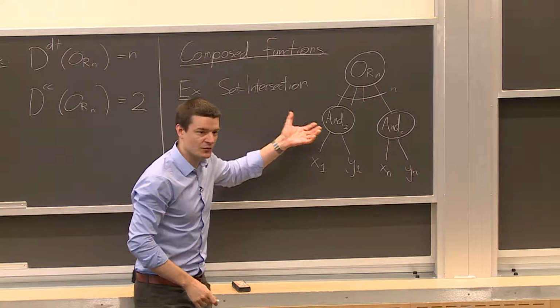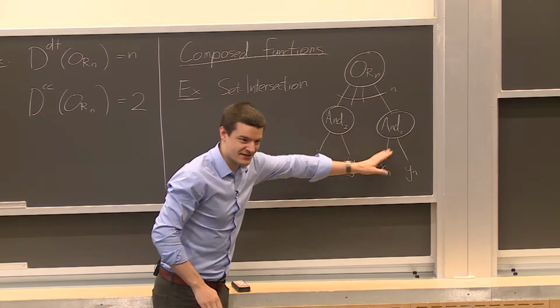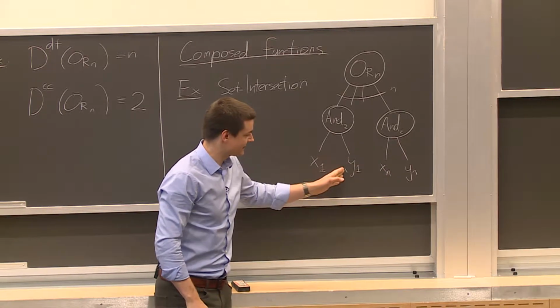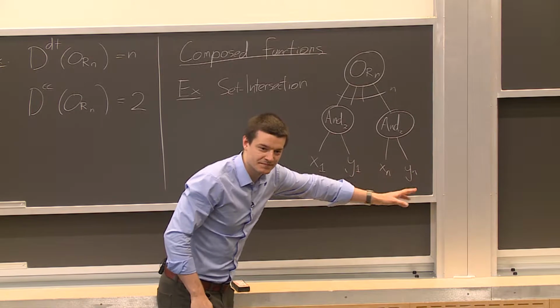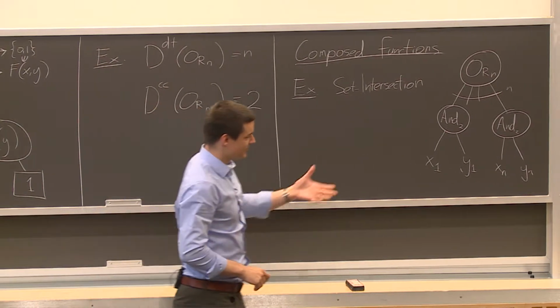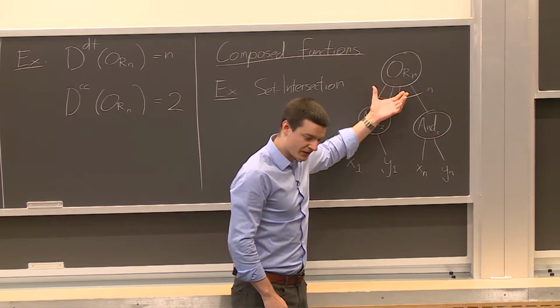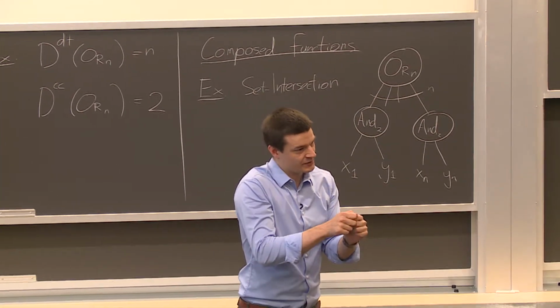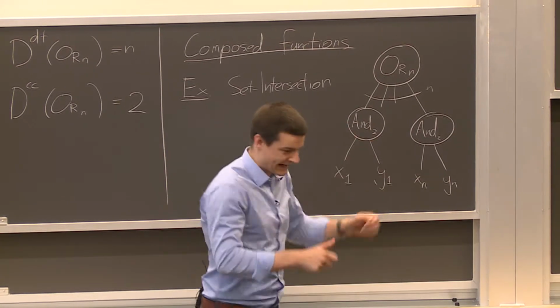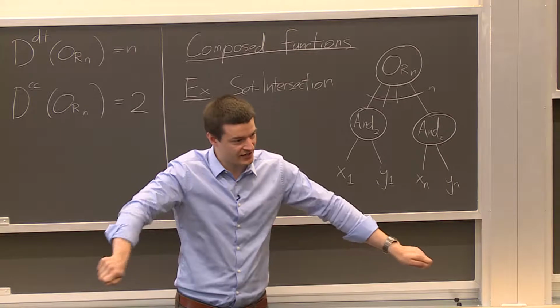And so I view this as a communication problem. I give Alice all the first bits to these AND gates, and Bob gets all the second bits. So what's happened here is we took the OR function and replaced each of the input bits by this gate that shared the bit with the two players.